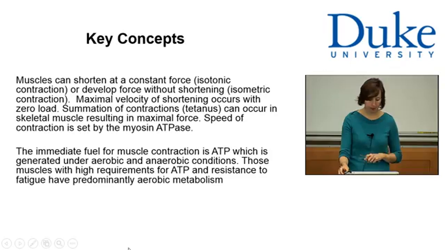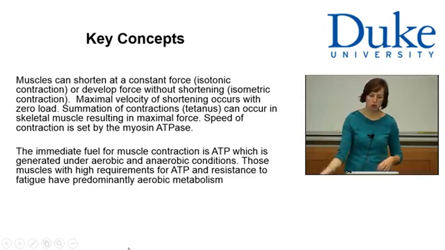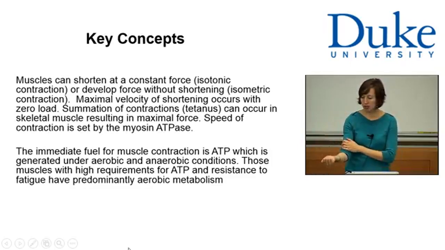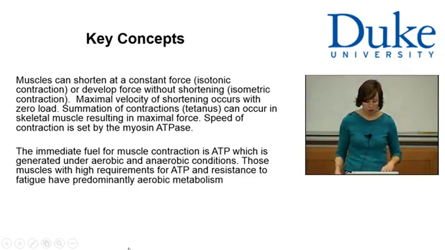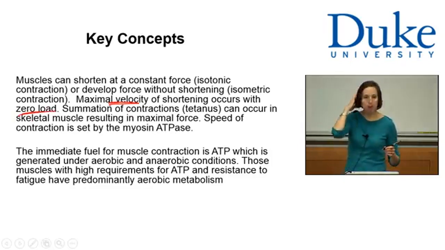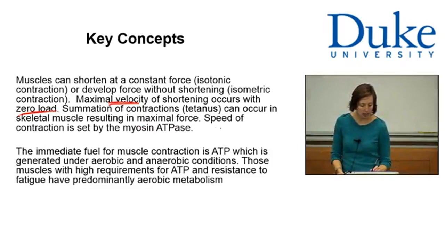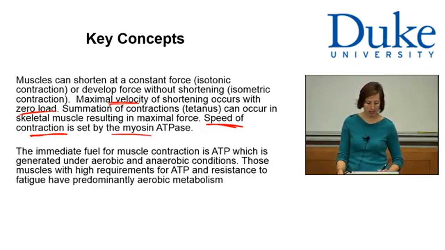So we've talked about how we can have isotonic contraction where we form a certain, constant amount of tension that will shorten the muscle, or we can have isometric contraction where we keep the tension equal to the load so that the muscle does not shorten, and that we're going to have maximal velocity when we have zero load, and that we can sum contractions because our twitch, our action potential is so short in relationship to the duration of the twitch, and that speed of contraction is going to be determined by whether we have slow or fast myosin ATPase.